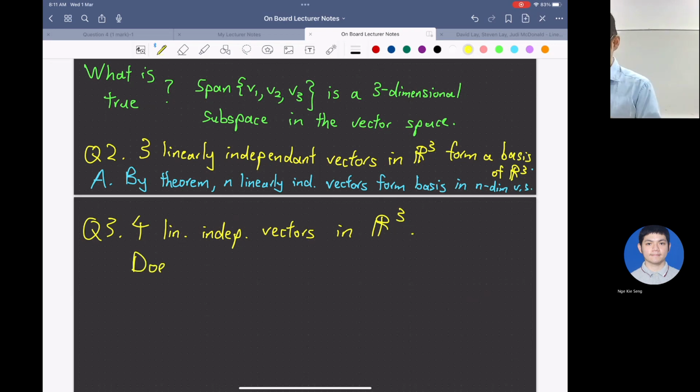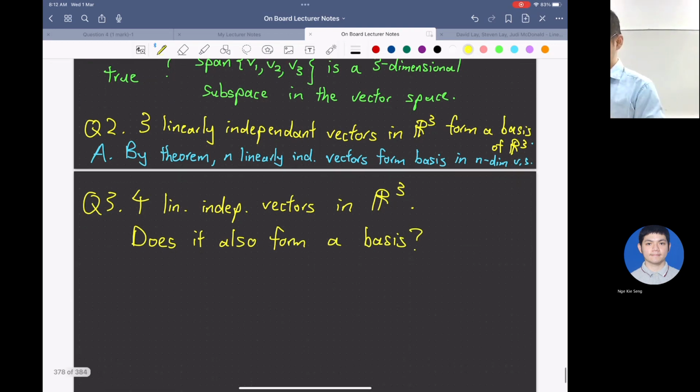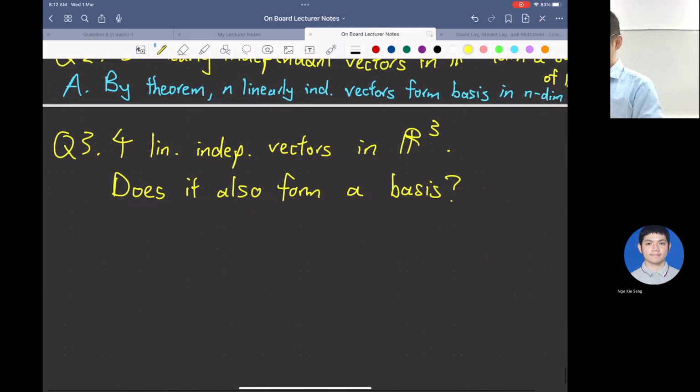Okay, very good. Any idea for the rest? If you have four linearly independent vectors in R3, does it also form a basis of R3? Must have a free variable. Correct. So if you do row reduction, you must have a free variable.